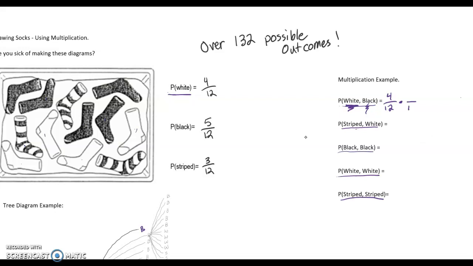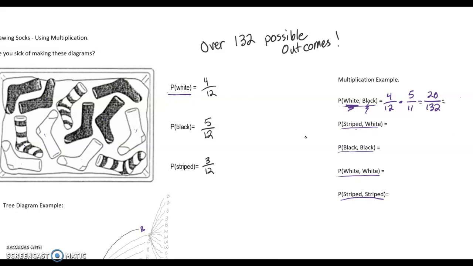There's 11 total socks now, 5 of which are black. So if we multiply the 4 times 5, we get 20. When we're multiplying our fractions, we want to multiply across the top and across the bottom. So we do 12 times 11 and get 132.